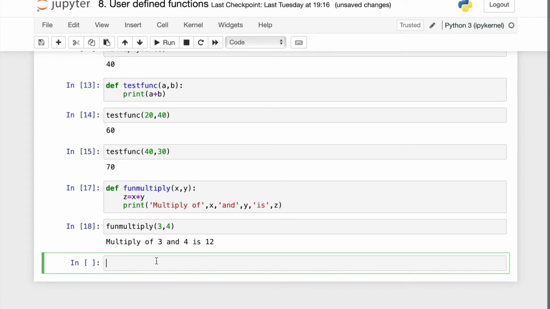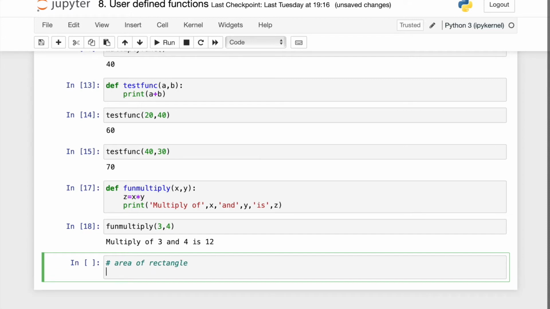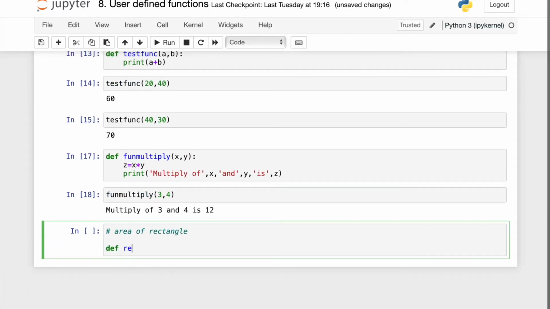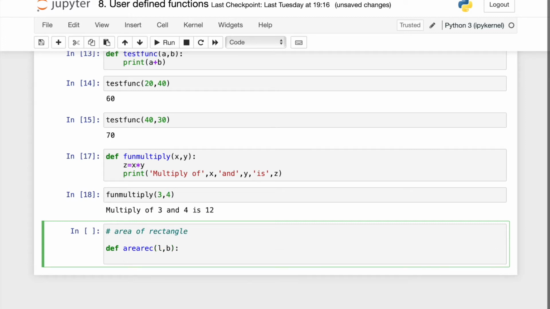So like that we can apply this on different formulas as well. Suppose we are finding the area of a rectangle. We define area rectangle. For the area of a rectangle, we need two arguments, length and breadth, L and B I'm saying here.